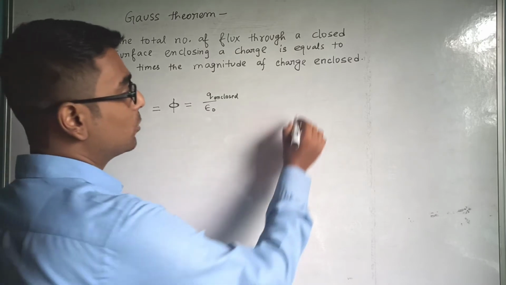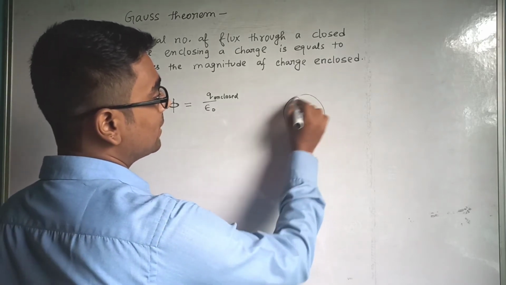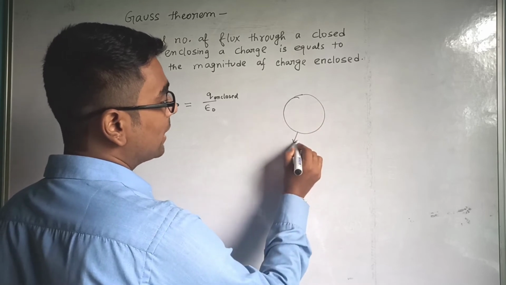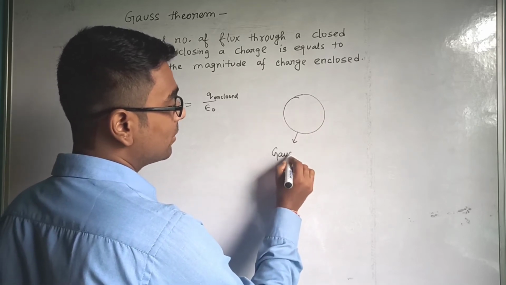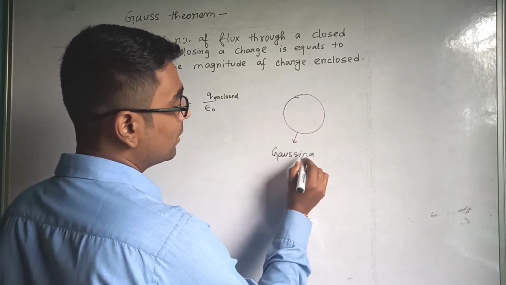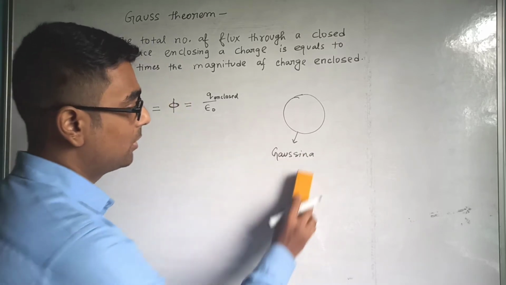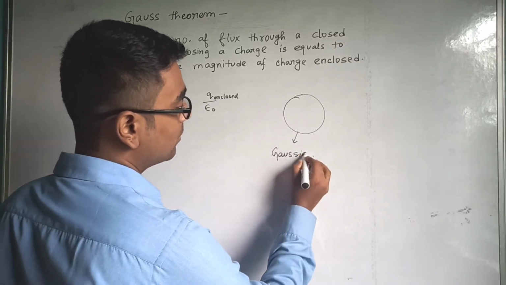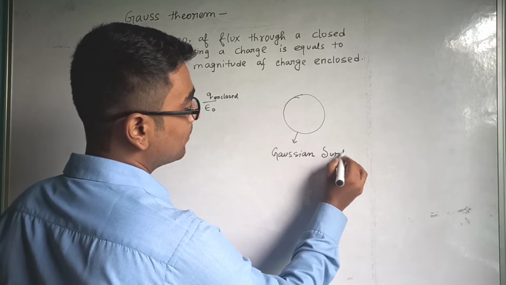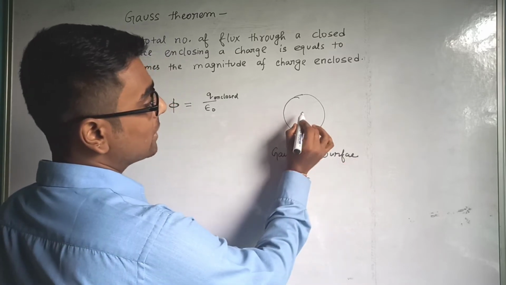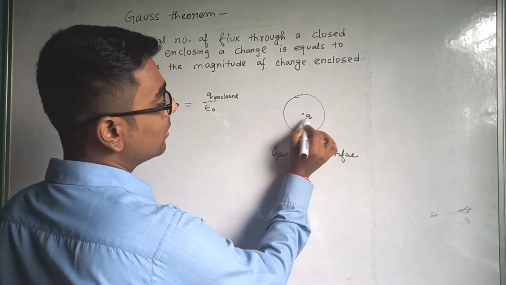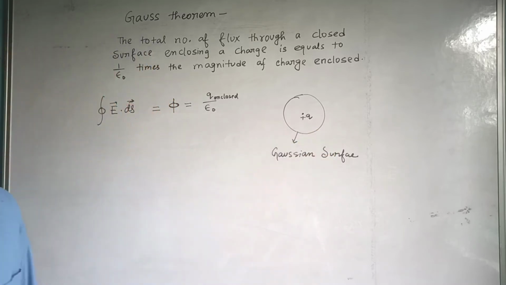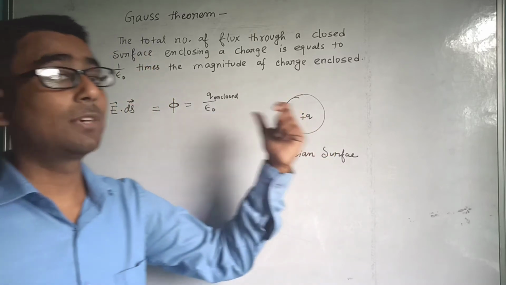Suppose we consider a surface, and that surface is known as a Gaussian surface. Suppose a charge plus q is inside the Gaussian surface that we have considered.